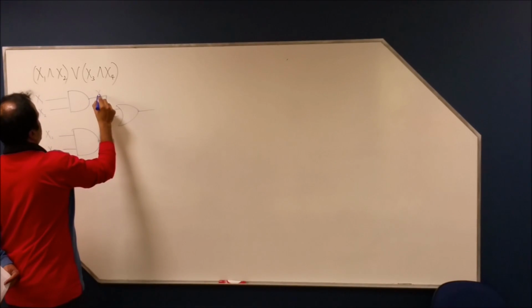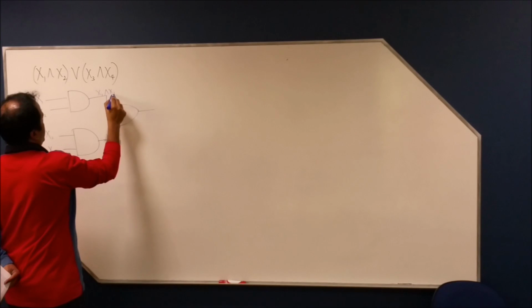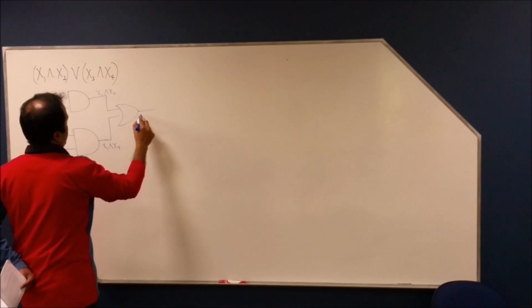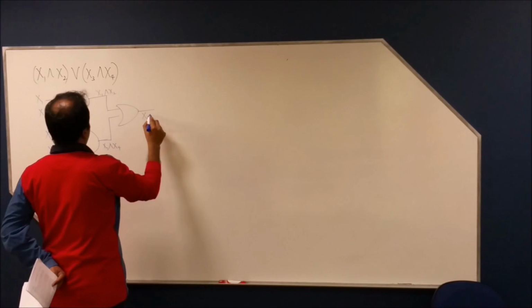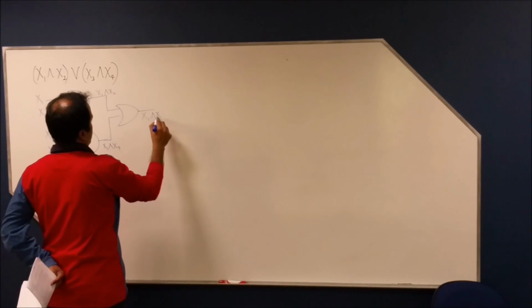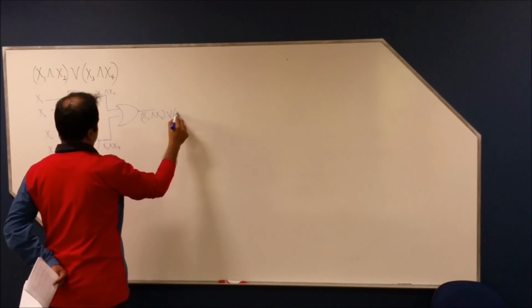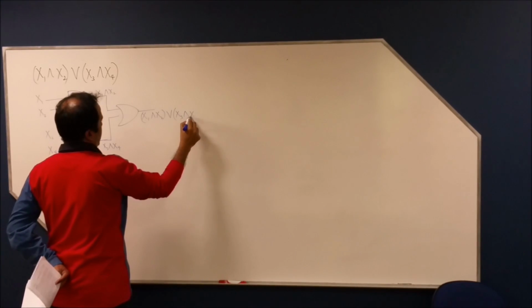So this would be x1 and x2, and this would be x3 and x4, and we can clearly see that the output here is nothing but x1 and x2 ORed with x3 and x4.